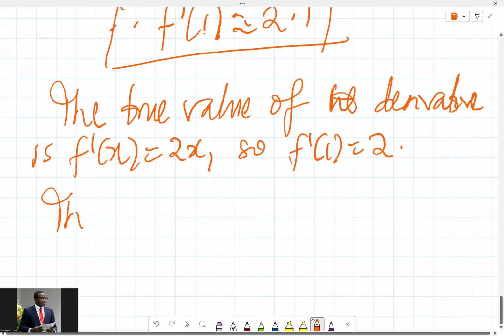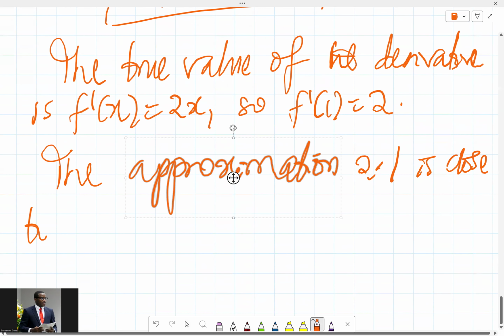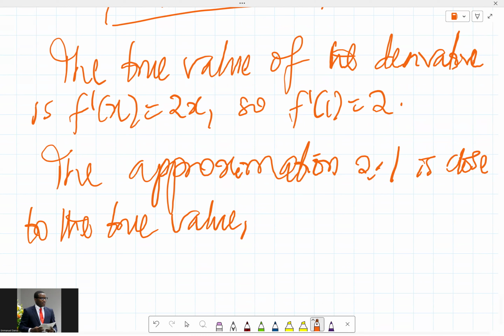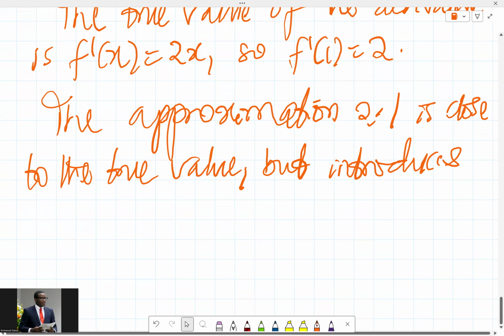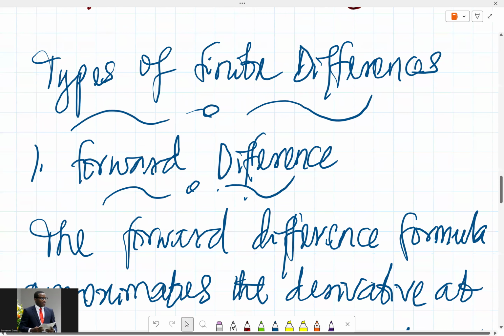So the approximation 2.1 is actually close to the true value, but introduces a small error, okay?